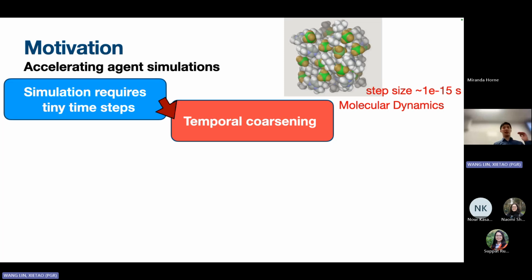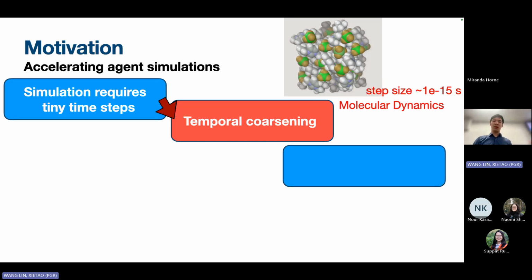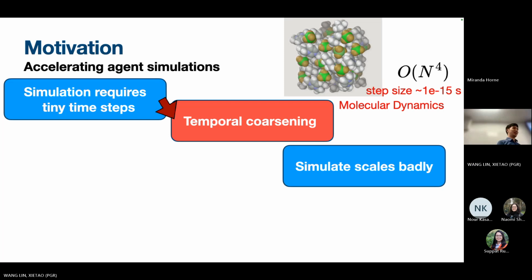The other bottleneck is in the scaling on the number of particles or agents. If we call that n, and we go back to the molecular dynamics example, the time complexity of the simulation scales, depending on what potential you use, as n cubed or even n to the fourth, or sometimes even worse, depending on how complex you want it to be.